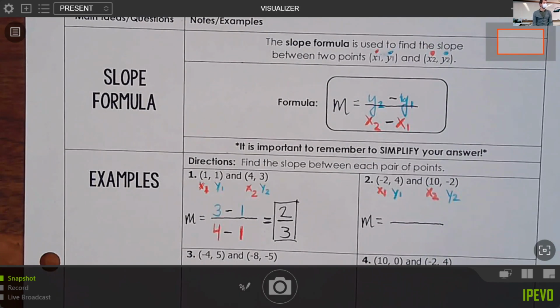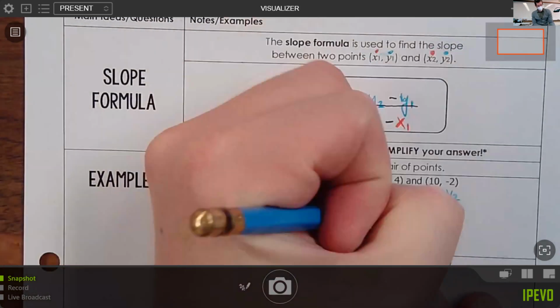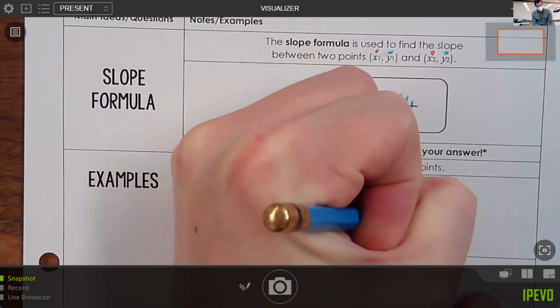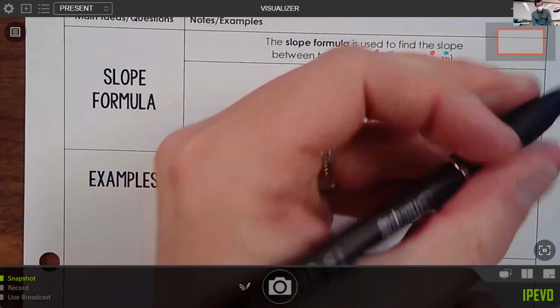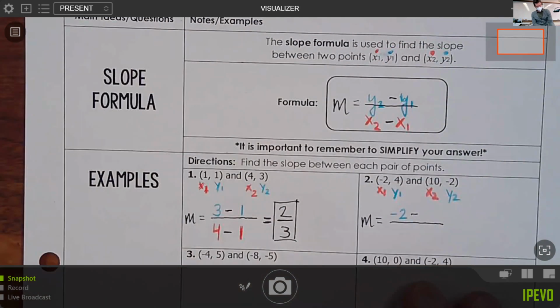What are we going to write on the numerator of this fraction? What's that? The top. -2 minus 4. Yes. And then 10 minus -2 for the denominator. Yep. So we've got -2 minus 4 on the numerator.